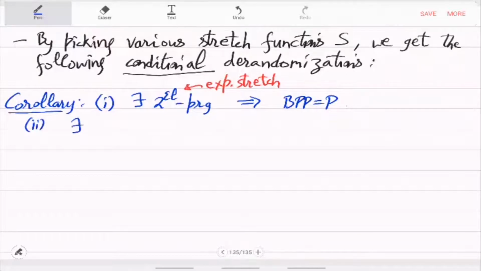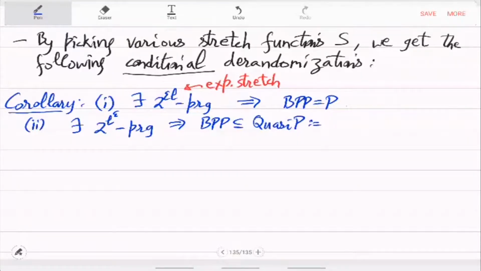If there exists 2 raised to L raised to epsilon PRG, then BPP you will put in quasi P. So this is slightly more than polynomial time.